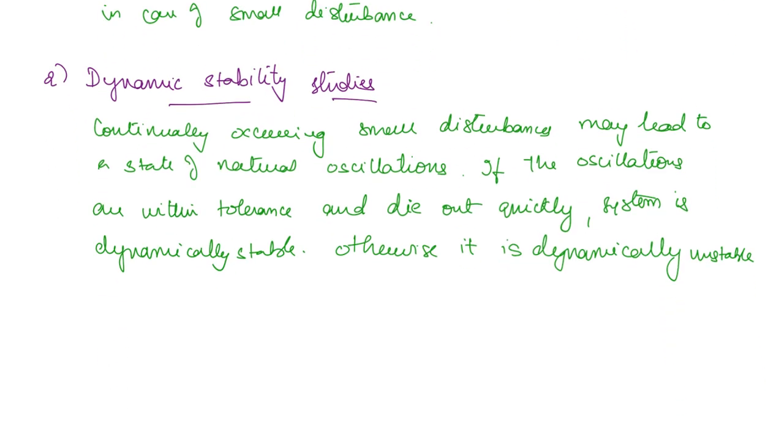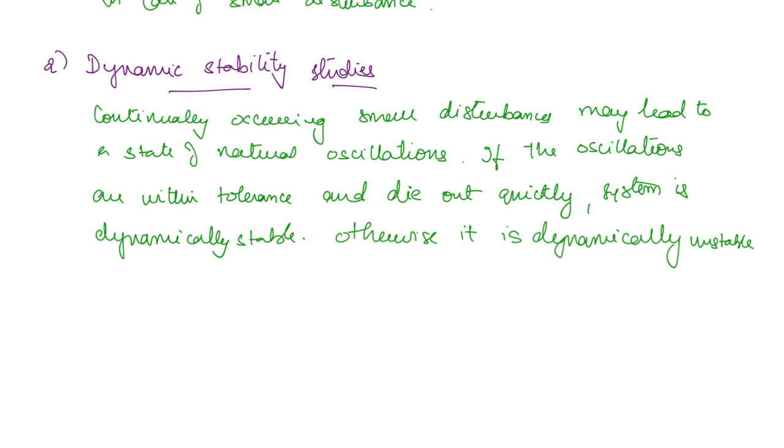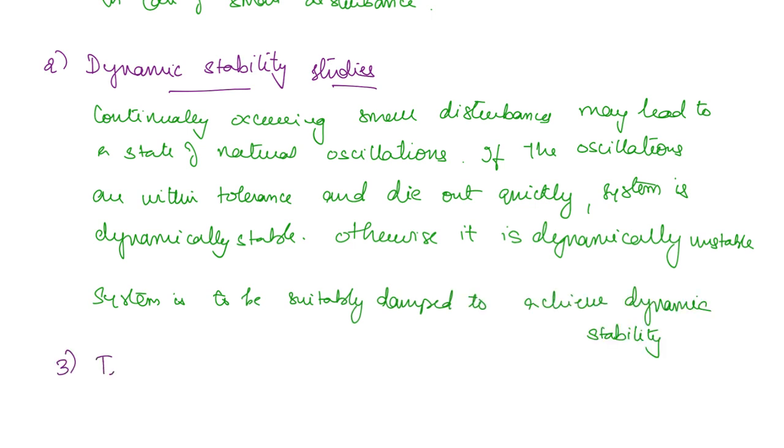In order to ensure the dynamic stability, the system should be properly damped. The system is to be suitably damped to achieve dynamic stability. And next, finally, we have the transient state stability study.